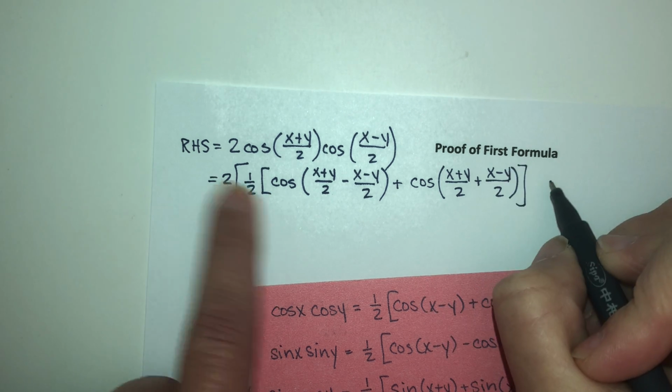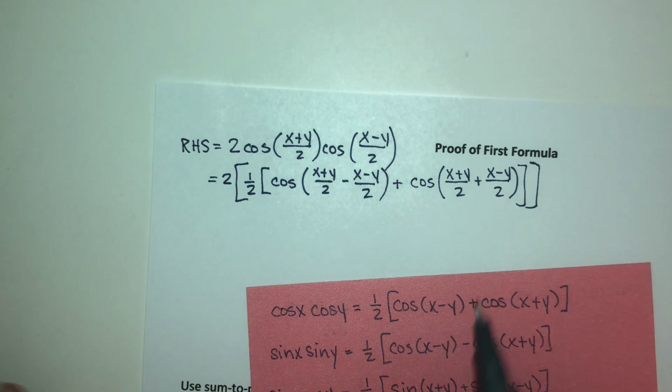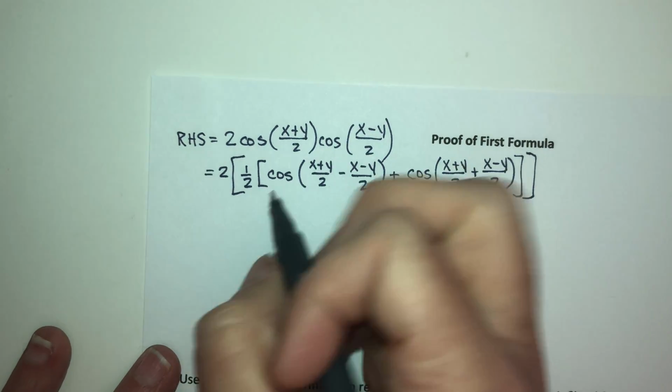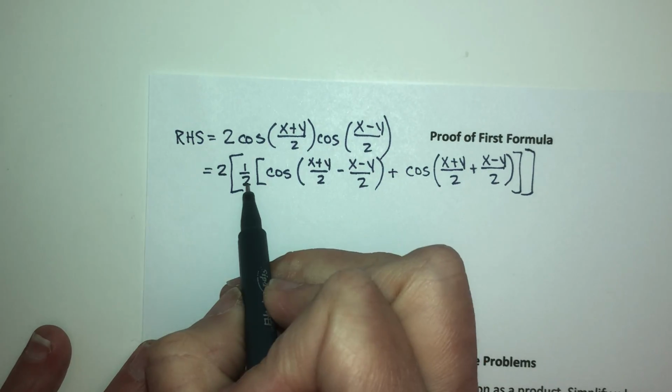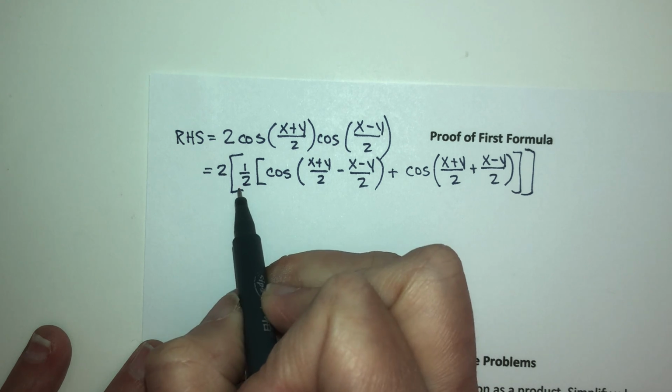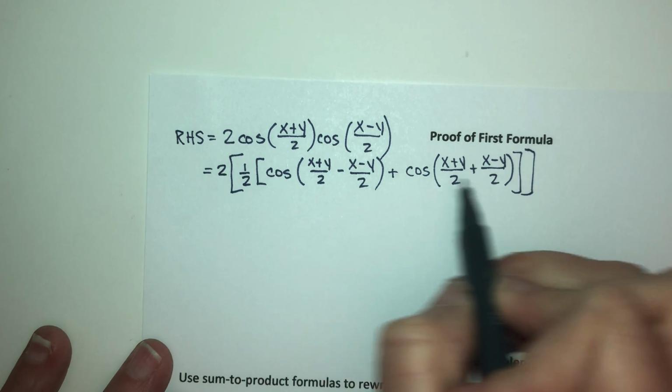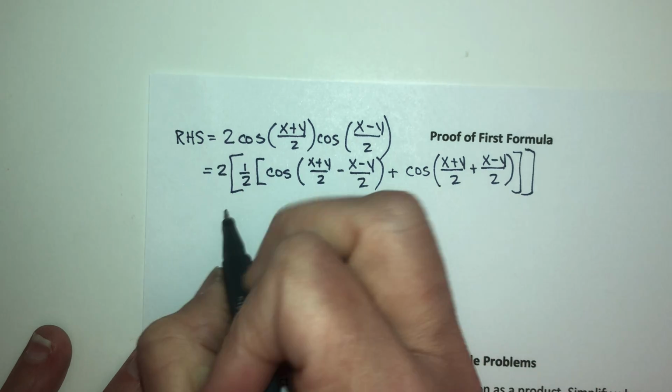Close that bracket and then close that one. All right. So right here we have 2 times 1/2, and that just goes away. So really I just had these 2 cosines.